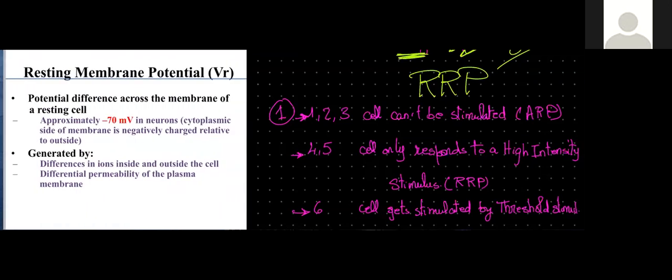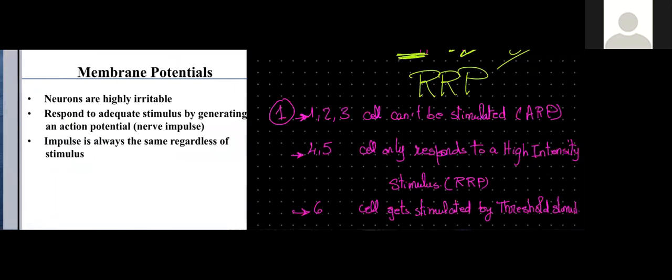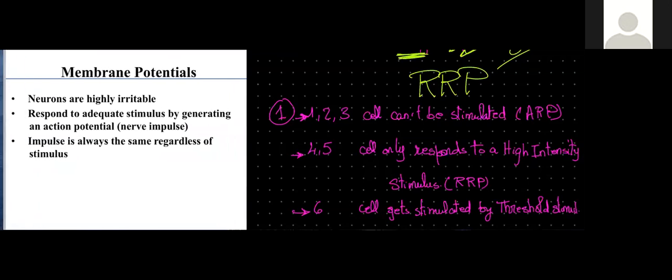All right, so let's go over the membrane potentials. The neurons are highly irritable cells. They will respond to an adequate stimulus, and again, the adequate stimulation here is going to be our threshold stimulus. And in response to the threshold stimulus, you will be able to create a nerve impulse.